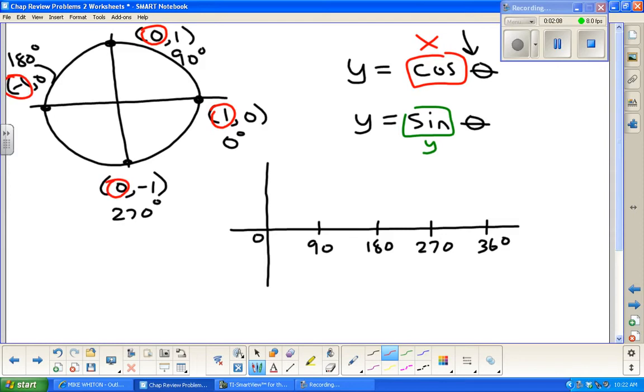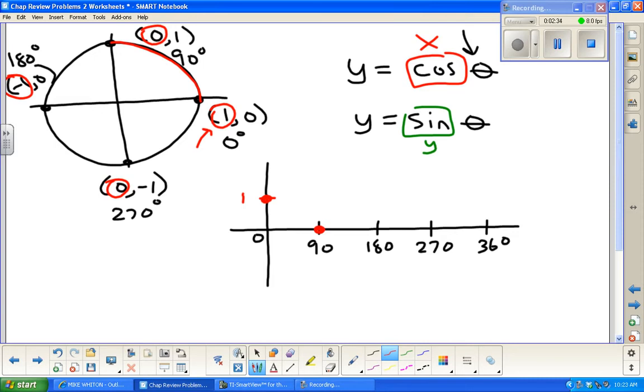So if we plot these as we go around here, the cosine of 0, we're going to start up at 1. That's the y value. Then as you work your way around the circle, think about what's happening to the x coordinates. They're getting smaller and smaller, going down to 0. By the time you get to 90 degrees, the x value there was 0, so the cosine of that is 0.